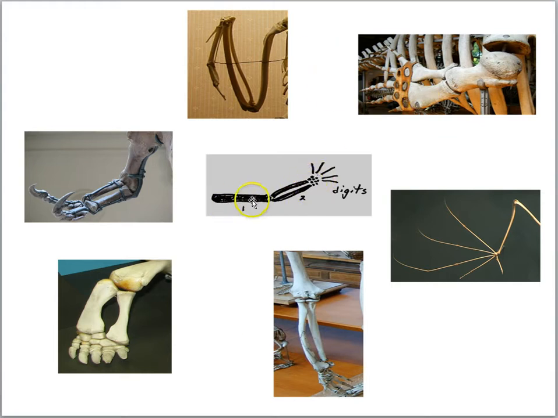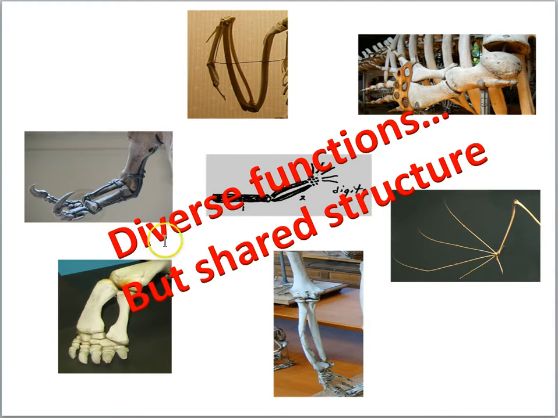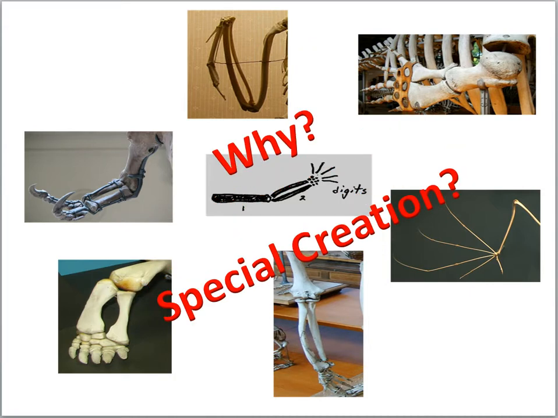Now, why would all the limbs of very diverse organisms share this structure? So that's what we have to sort of explain. These limbs have diverse functions, but they have a shared structure. Why would that be? Well, at the time, the prevailing view among Christian thinkers and most naturalists was the special creation hypothesis, that this is somehow an indication of God's handiwork.